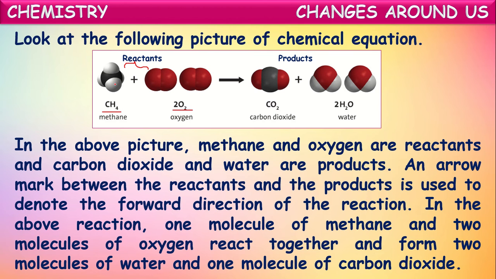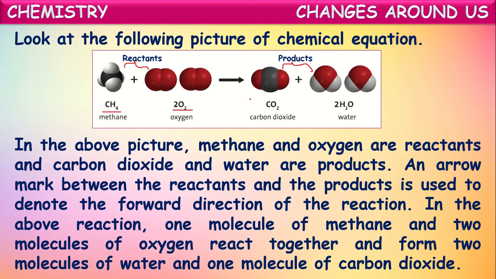That is why methane and oxygen are reactants in this reaction. At the same time, on the right hand side, carbon dioxide and water are produced. Now we can say these two are products.